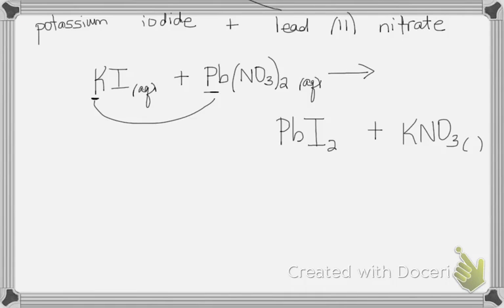It does not matter if you write the KNO3 first and the PbI2 second. That's not going to matter. The 2 go with the Pb, right? Right. The 2 on the I is because the lead had a +2 charge, and it still has that +2 charge. So now what do you guys need to do? You need to decide what goes in those parentheses. So you need to look at table 4.2 and 4.3.